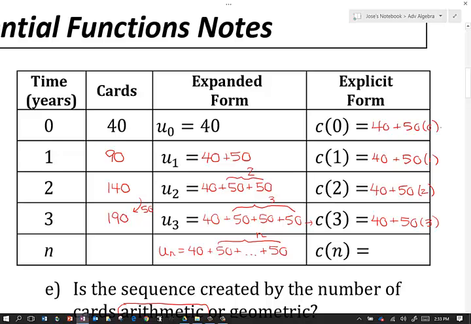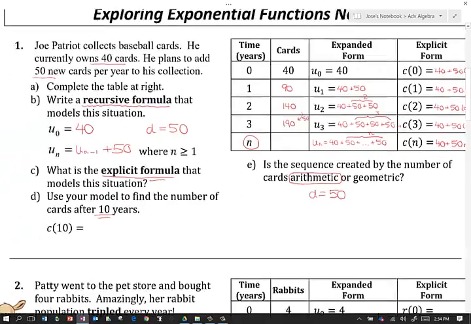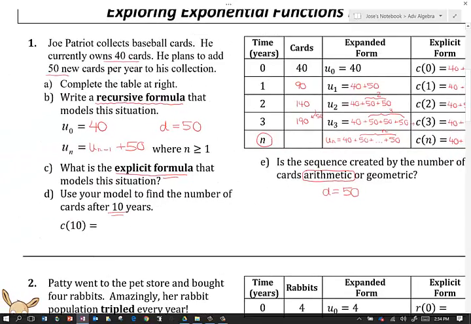But the implication in here is that what happens after n years? He started from 40. He continuously added 50s, and he's going to do so n times. That's my explicit formula. That means that the number of cards after n years is 40 plus 50n.